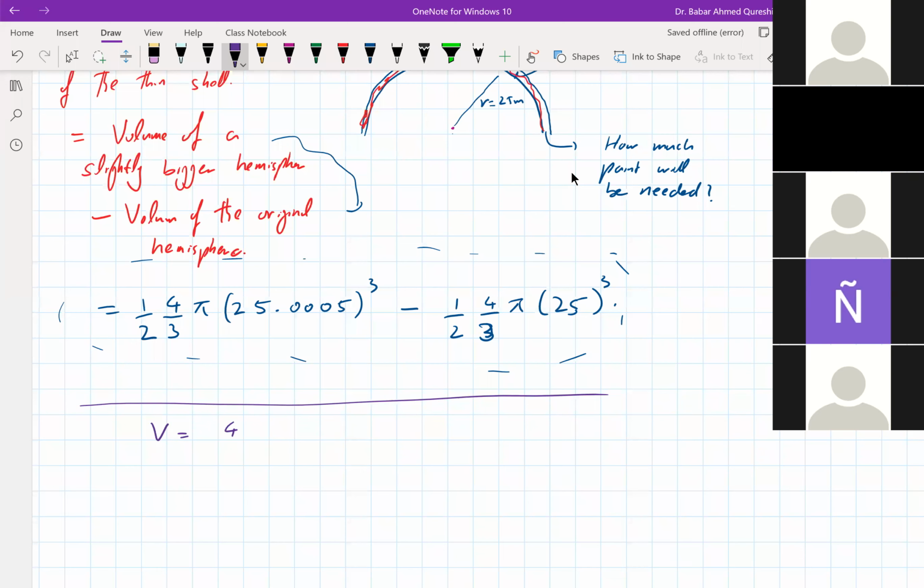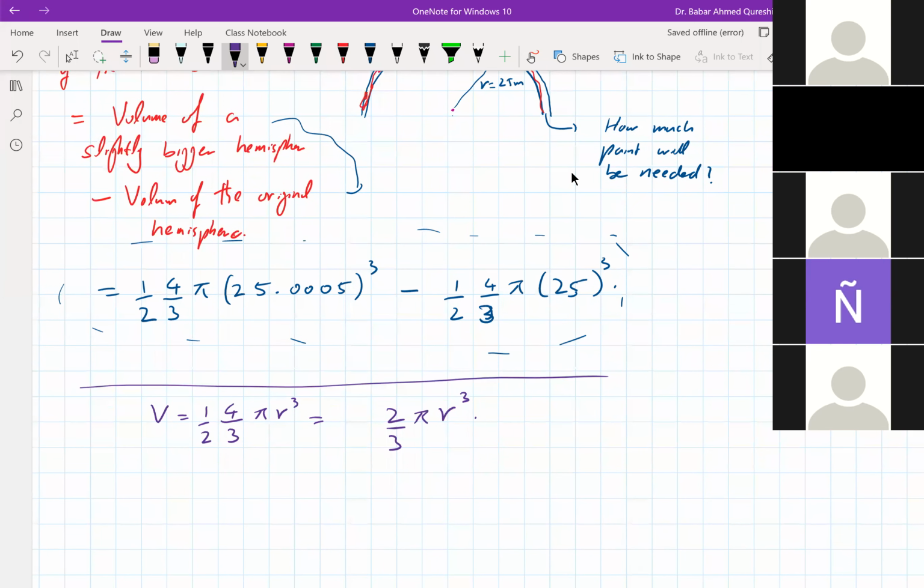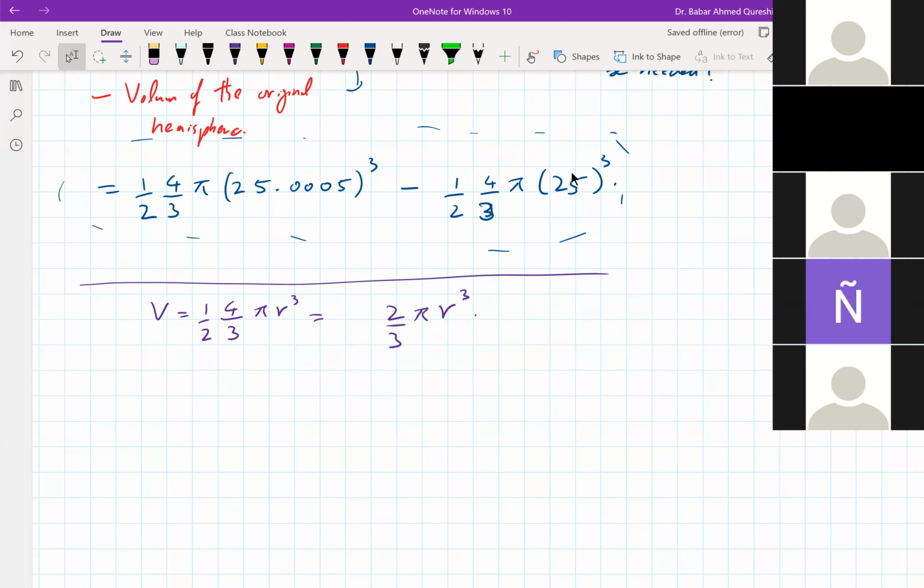I know that the volume of a hemisphere of a given radius is 2/3 pi r cubed. If I change the radius a little bit, I want to see how the volume would change. That's what the differential gives me.